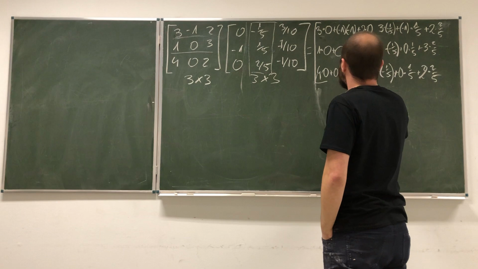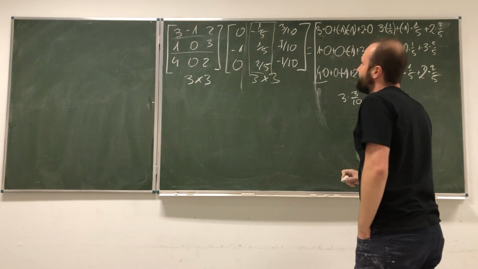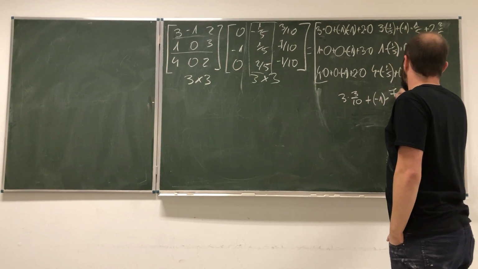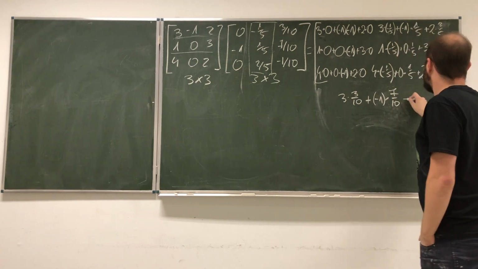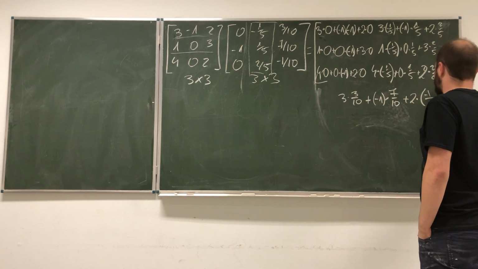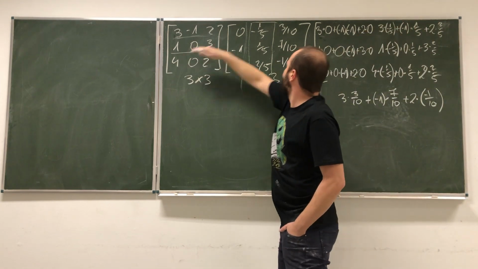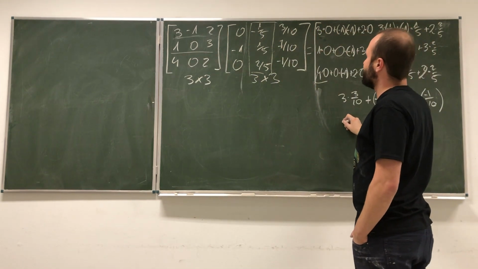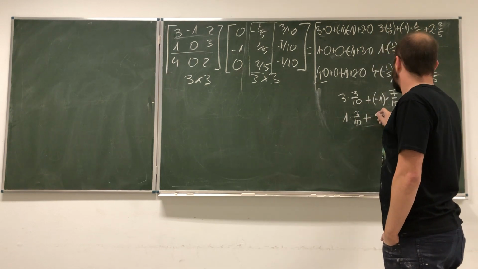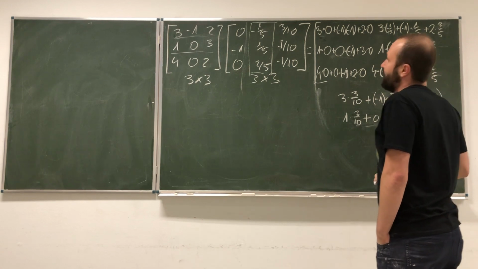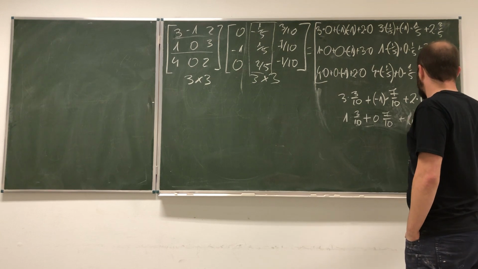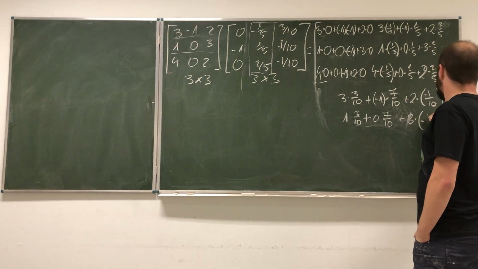Okay, so I get that this is 3 times 3 over 10 plus negative 1 times 7 over 10 plus 2 times negative 1 over 10. Then, second row, third column. So I get that this is 1 times 3 over 10 plus 0 times 7 over 10 plus 3 times negative 1 over 10.